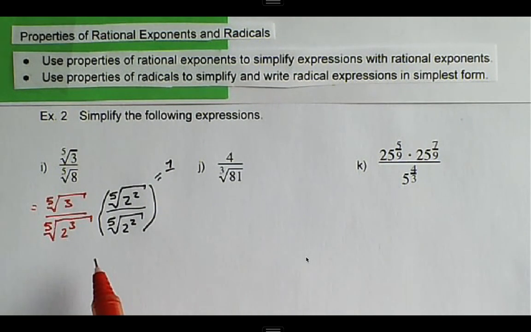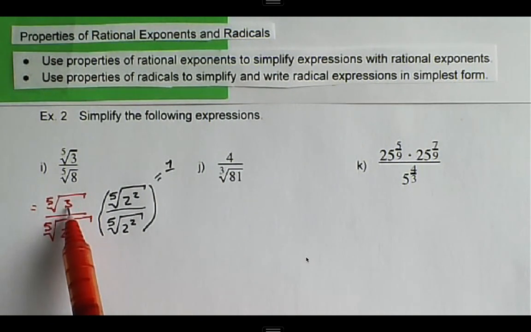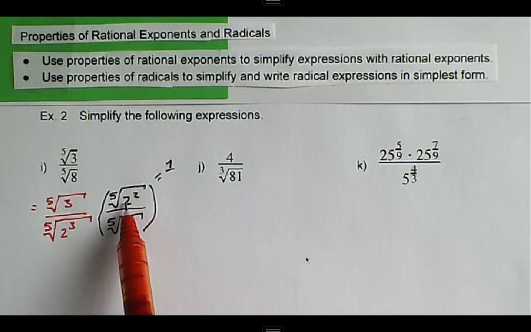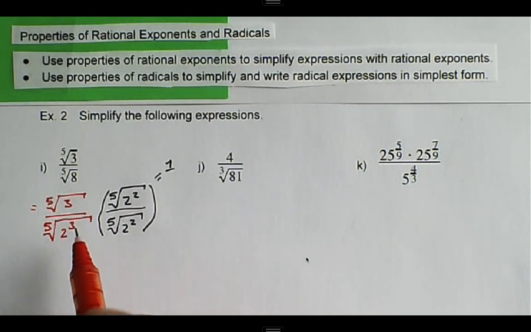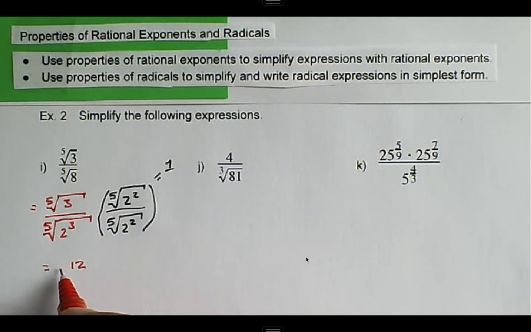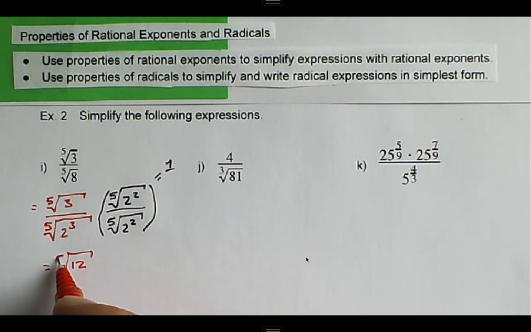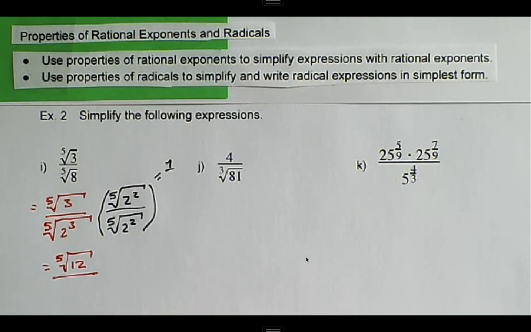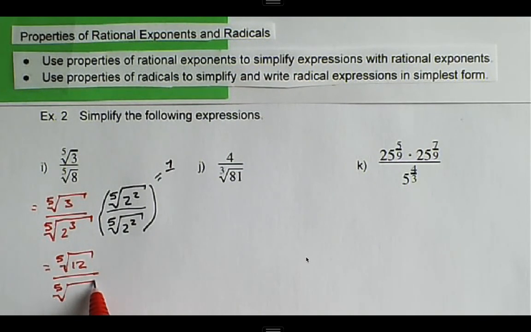So when we go ahead and do this, 3 and then 2 squared is 4. So 4 times 3 is 12. So that's going to be in the numerator. And we still have to have the fifth root in the numerator. And then that's going to be divided by the fifth root of 2 to the third times 2 squared.